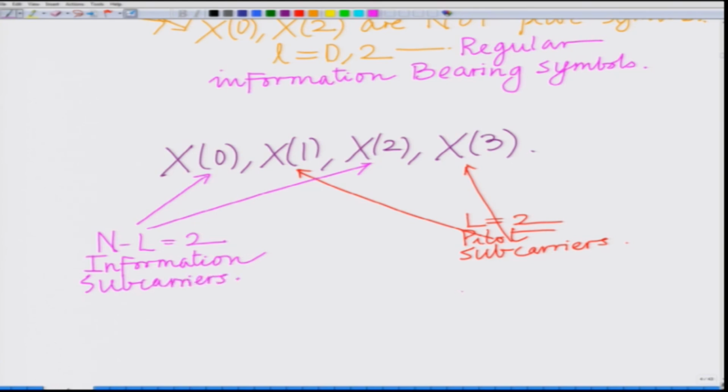So we have pilot symbols on a few subcarriers and information symbols on the other few subcarriers.